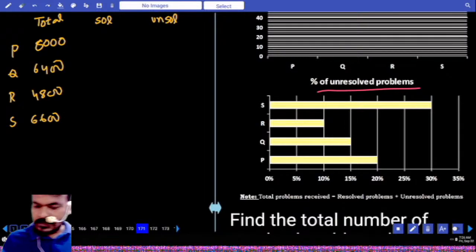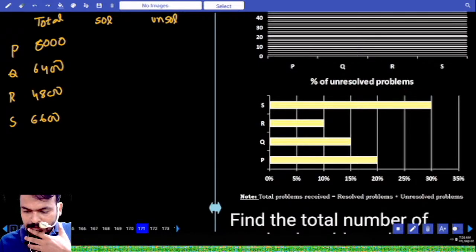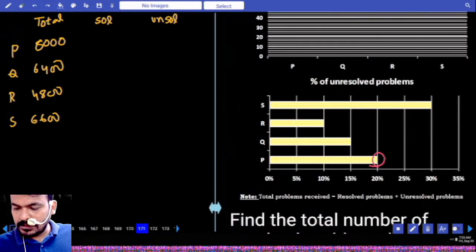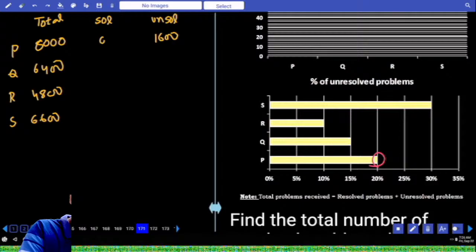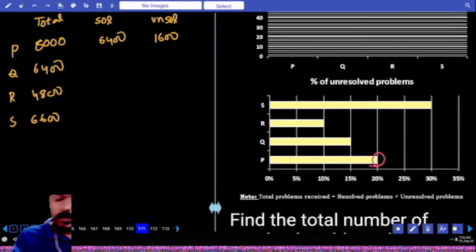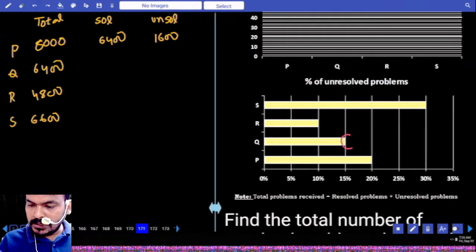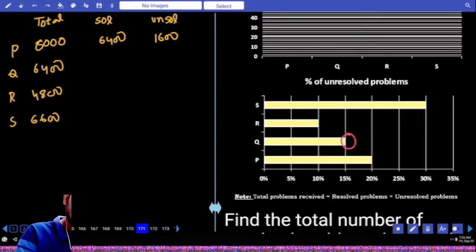Okay. First, in P, what is the unresolved percentage? 20%. 20% means 1,600. Means remaining 6,400. In Q, 15% is unresolved. What is the 15%? 640 plus 320, 960.